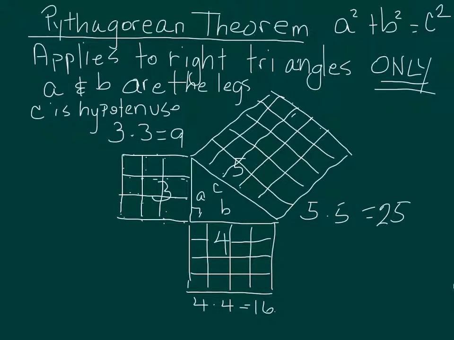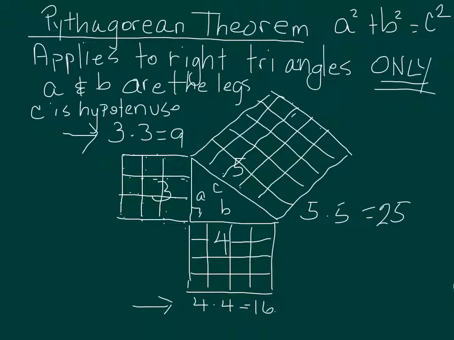So side A is 3 units long, and we're going to make a square, so it's going to be 3 units wide, which, to find the area, we get 3 times 3, or 9 squares. Side B is 4. So 4 for side B, and make the square, we have 4 by 4, which is 16.